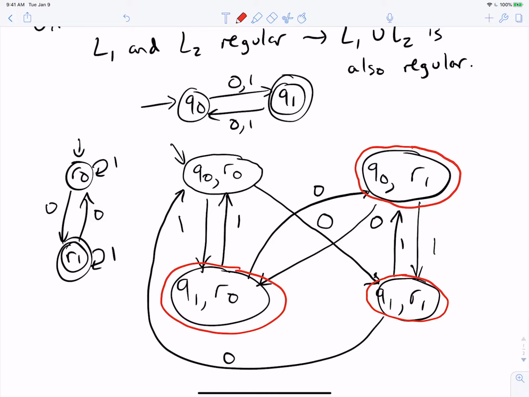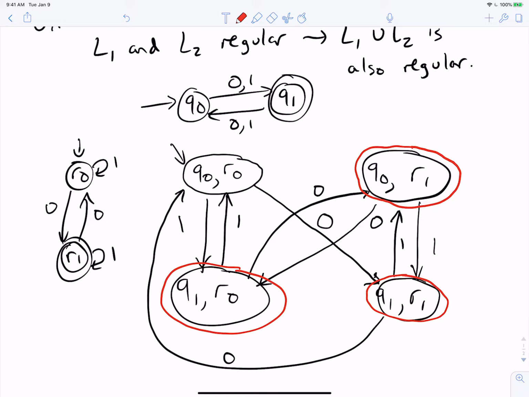Okay? What if we were doing intersection, like L1 intersect L2? Before that, would any of the transitions or states change? So what is the difference between union and intersection in terms of a DFA? Just the final states. For intersection, which ones would be the final states in this example? Just Q1R1.